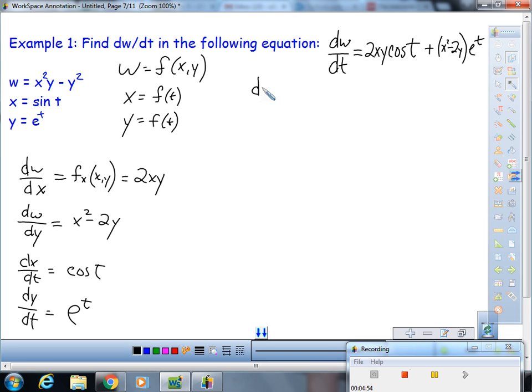So we will rewrite dW/dt as 2 sine t times e to the t times cosine t plus sine squared t minus 2 e to the t times e to the t, and we'll just keep it like that. That is the change in W with respect to t.